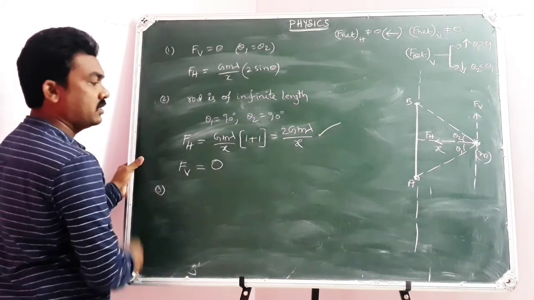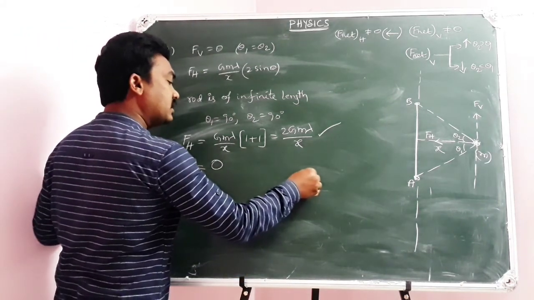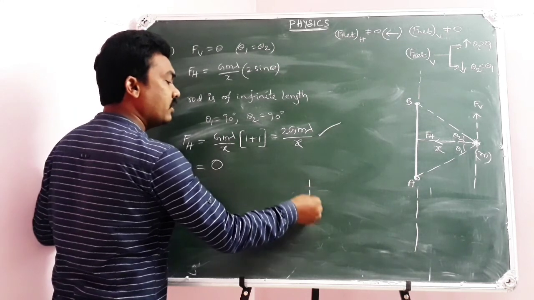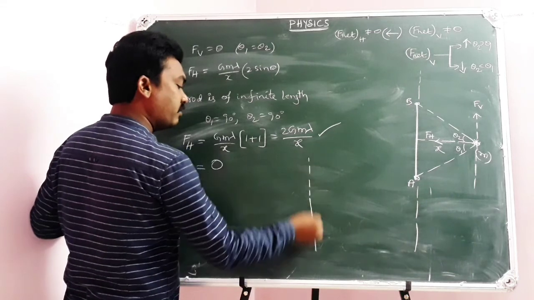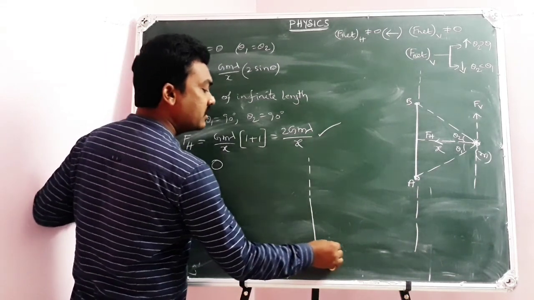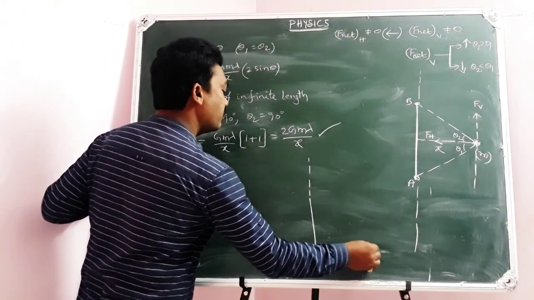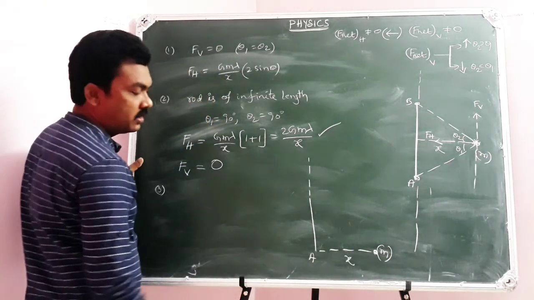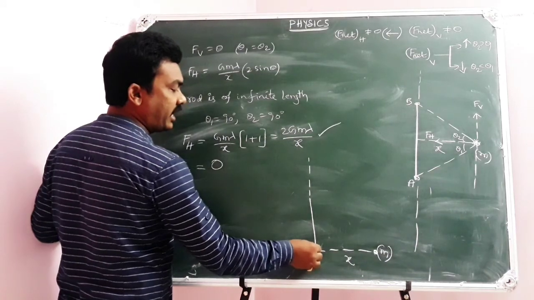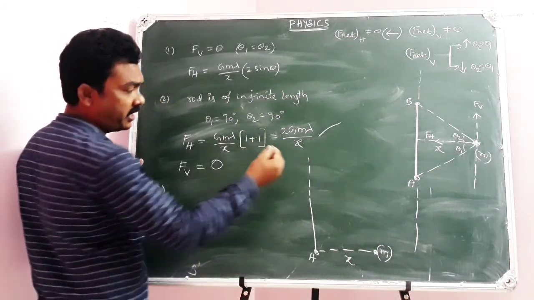Next, third case. This is a rod of infinite length, but our point mass is placed at one end of the rod, at a distance x only. This rod has starting point A, ending point infinite.